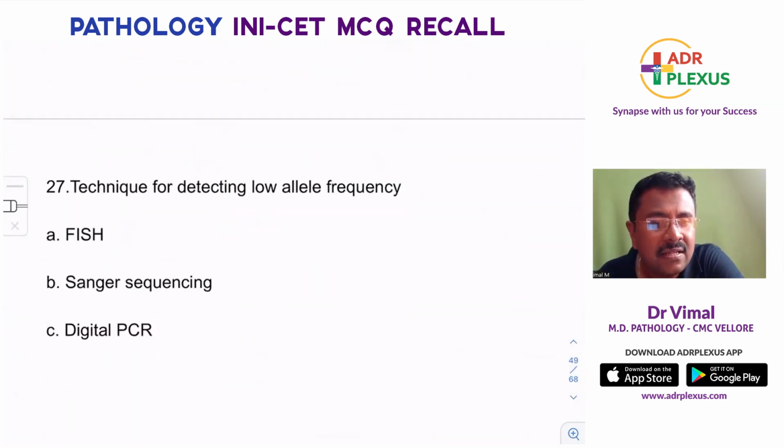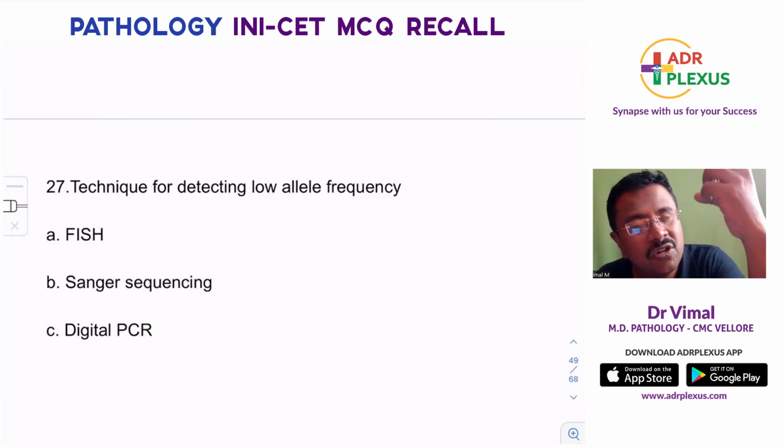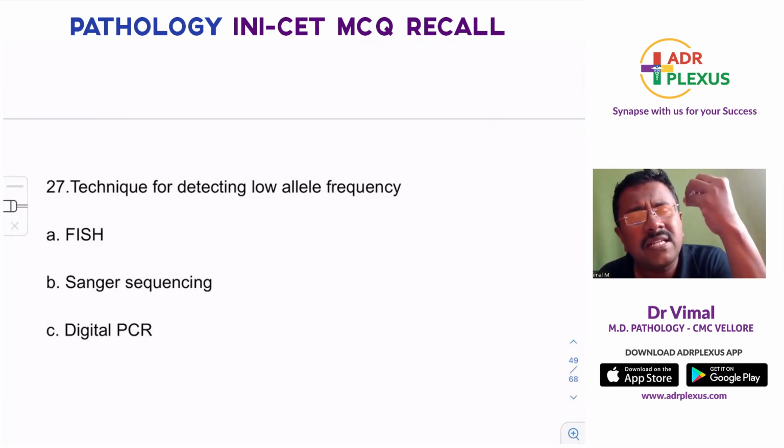Then the other question is the technique for detecting low allele frequency. Low allele frequency is nothing but, in the general population, if that allele expression is very low. It is not a normal expression. If the frequency of expression of that allele is not a common one, but it is expressed at a very low frequency, how will you detect it?